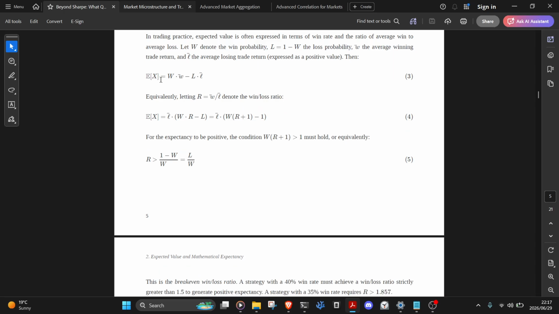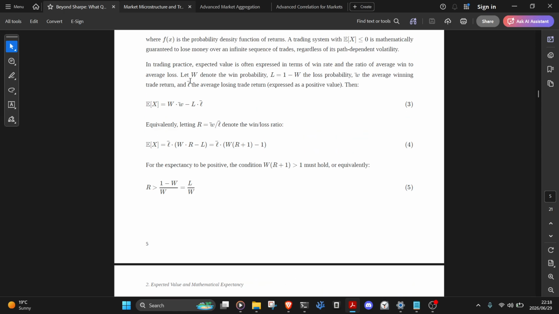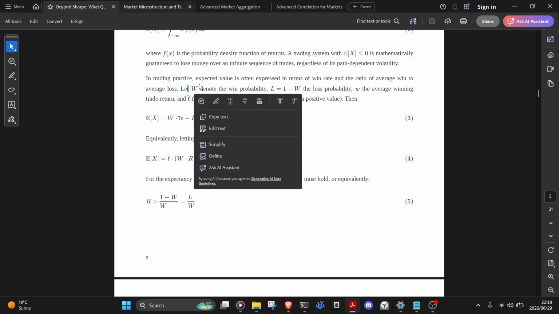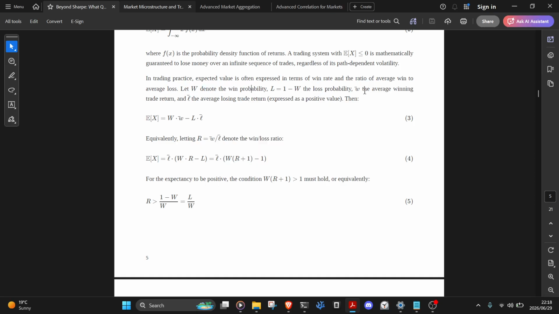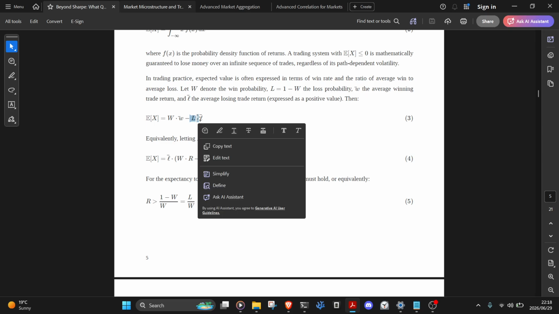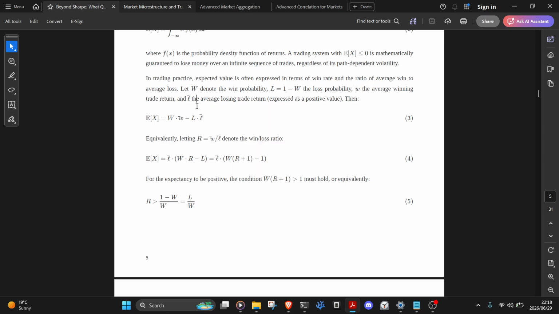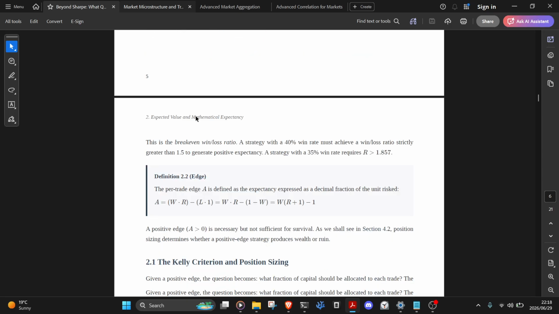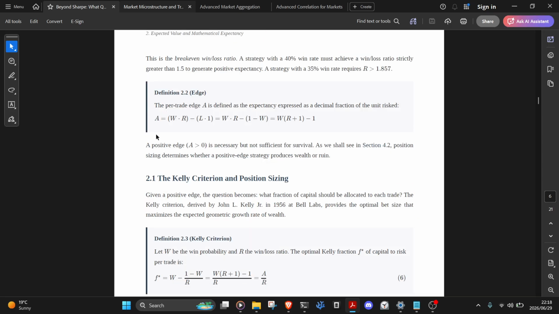Equation 3 is essentially the expected value of X equals W times WE minus L times LE, where W is the win probability, WE is the average winning trade, L is the losing probability, and LE is the average loss. And A is just the edge, which is calculated using this definition over here.